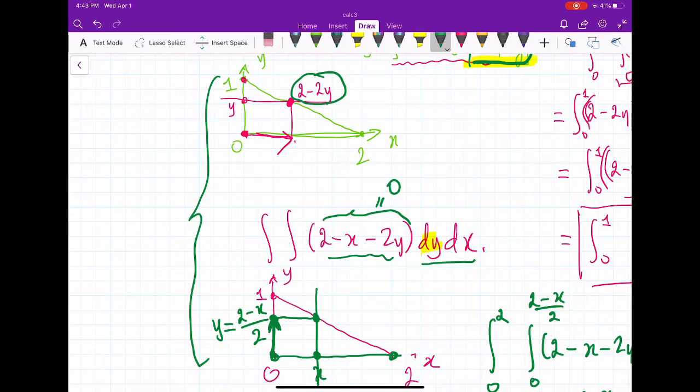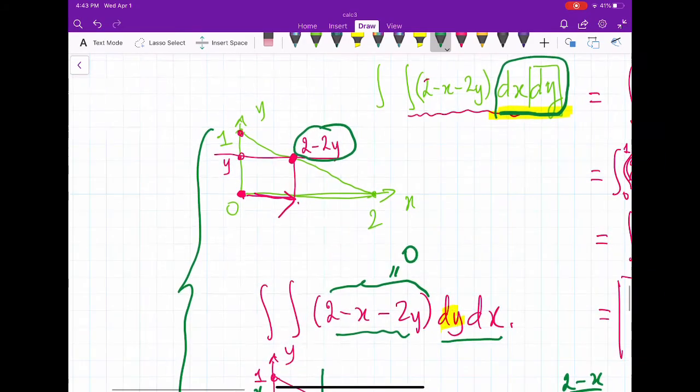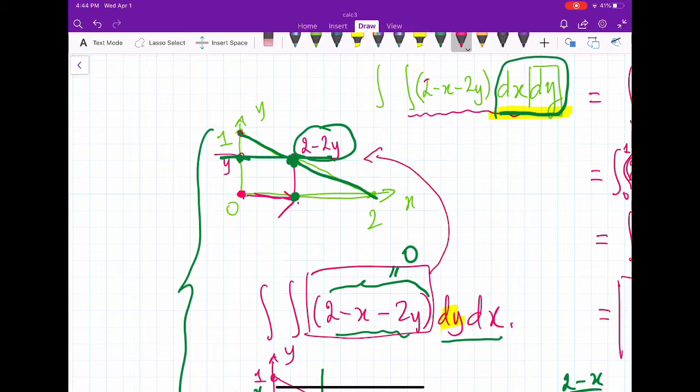For the first one, if you fix y, you make a horizontal line, and that horizontal line will intersect with this straight line at some point, and you need to find the coordinate of this point. But the coordinate is easy. You just put the whole function equal to 0, and you solve for x.